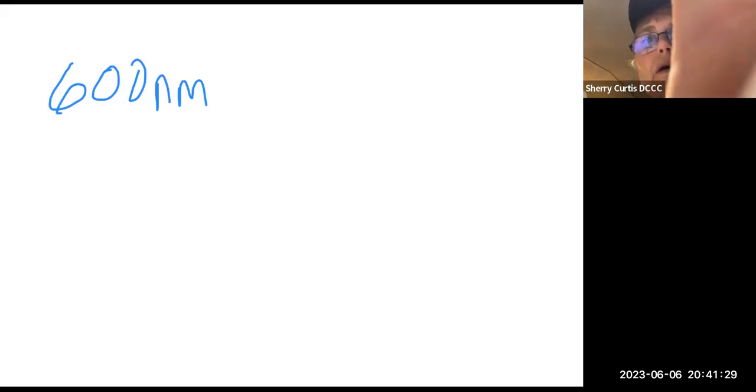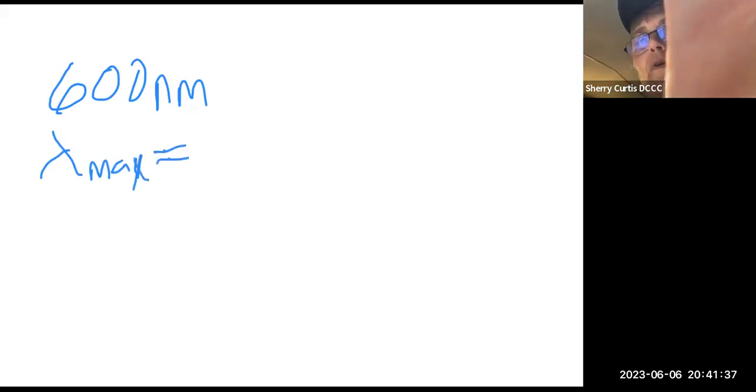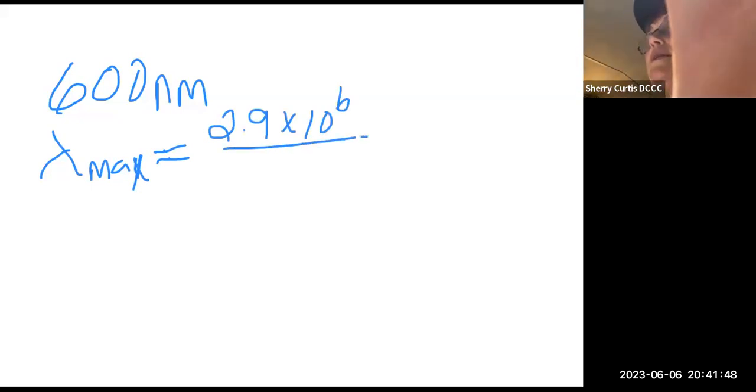Anyway, Wien's law gives you a relationship between peak wavelength and temperature. So I'm going to use nanometers. And so the constant, if you use nanometers, is 2.9 times 10 to the 6th, and that would be nanometers times kelvins over temperature.